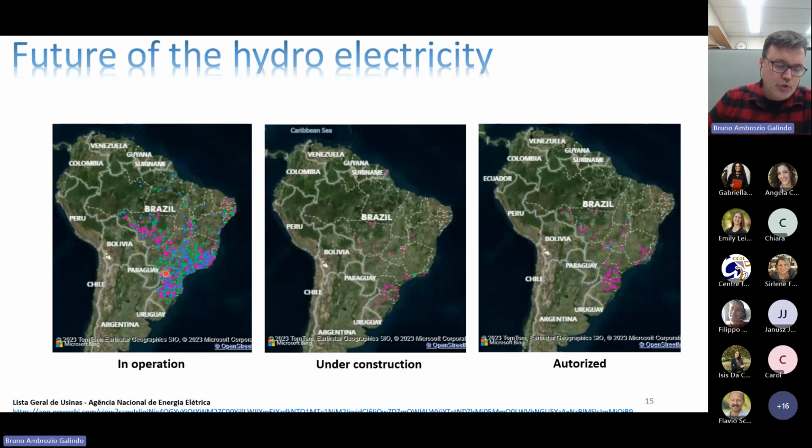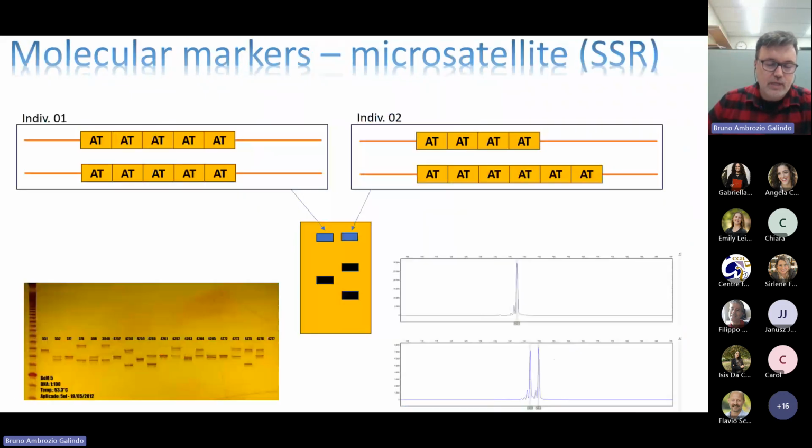In this picture, each dot is one hydropower plant in operation. In this picture, each dot is one hydropower plant under construction. And in this picture, each dot is a project for a new hydropower plant construction approved by the Brazilian government department accountable for this. So Brazil is still increasing the number of hydropower plants.